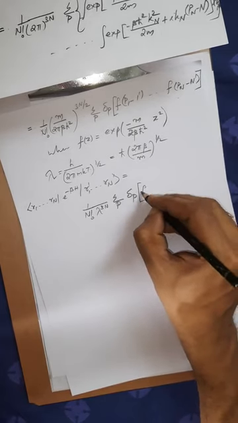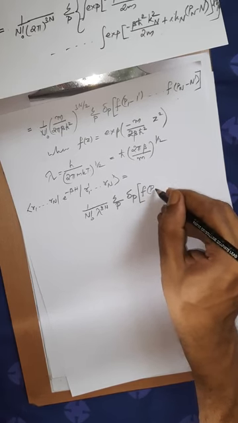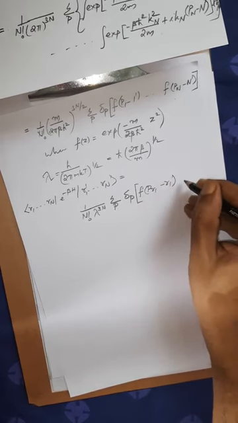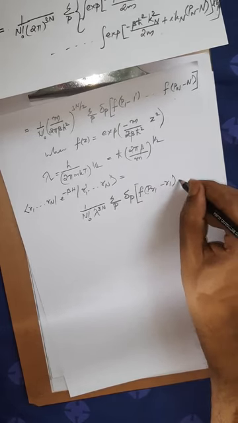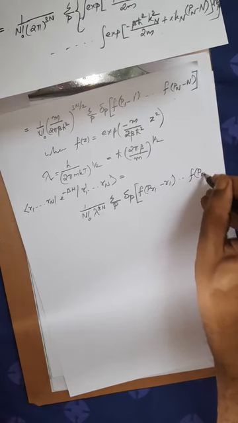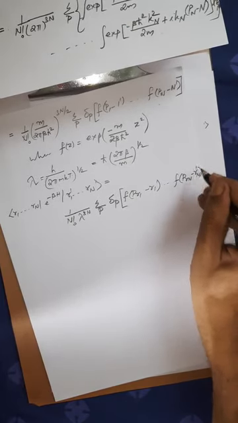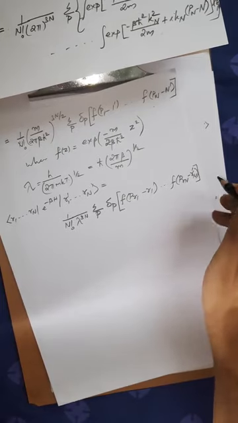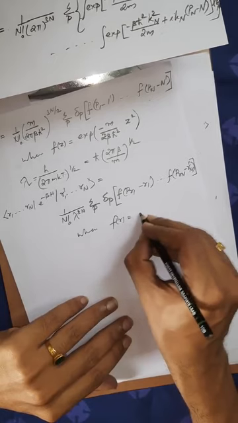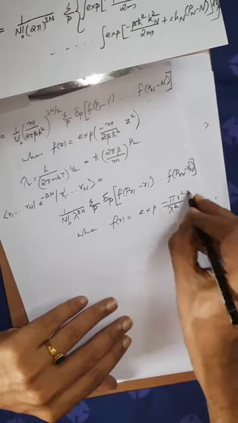So I will just go back to the original notation we were having: f of p r1 minus r1 prime, up to f of p rn minus rn prime, where f of r is equal to exponential minus pi r squared by lambda squared.